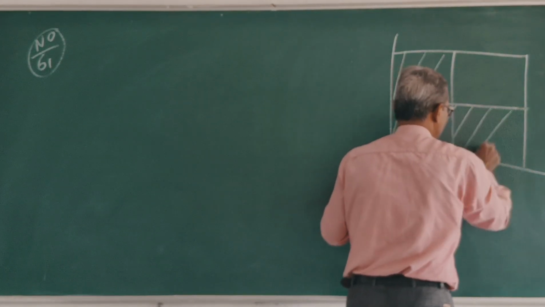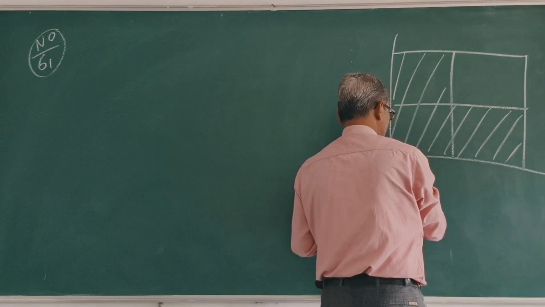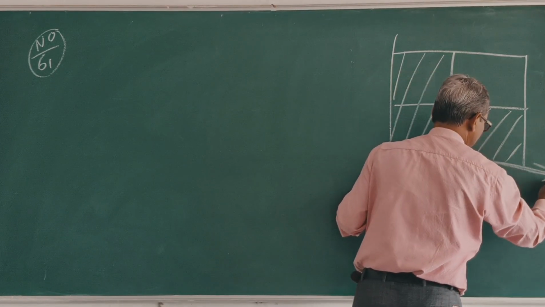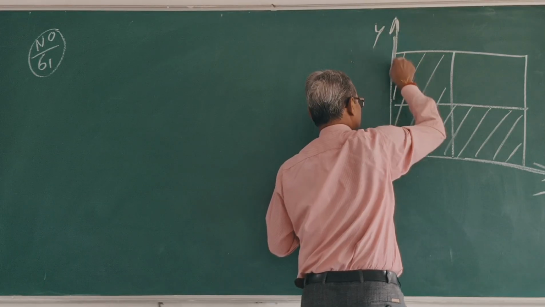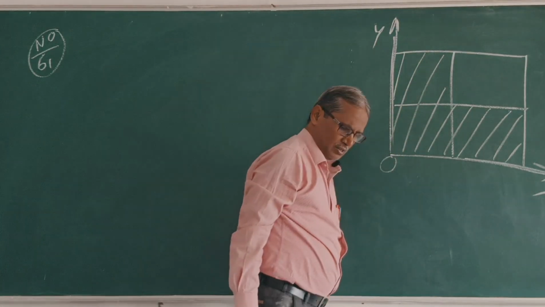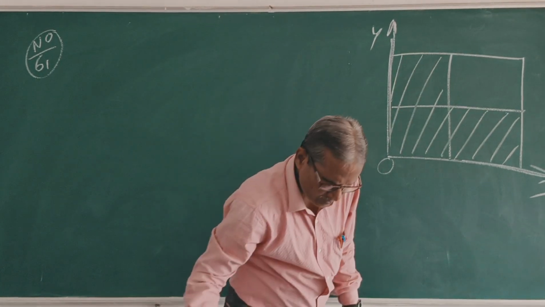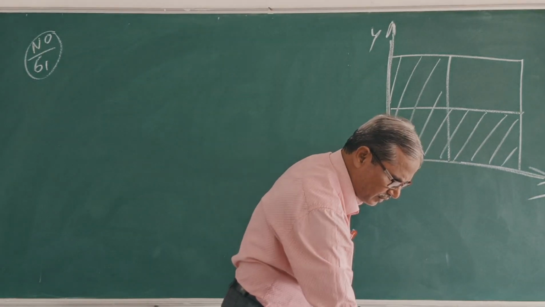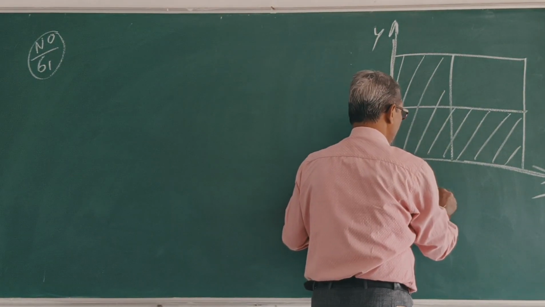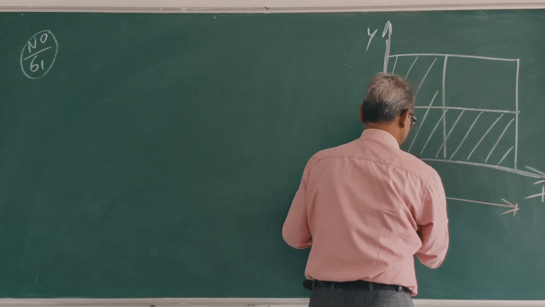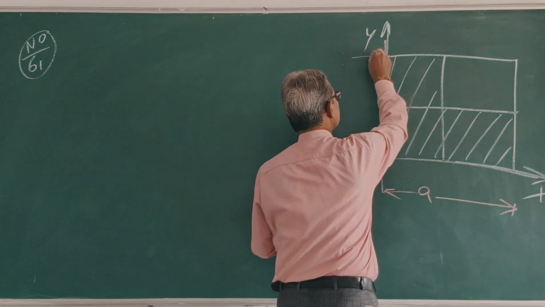Clear? This is the origin, x-axis, y-axis. This length A, this length A, this length A. Clear?